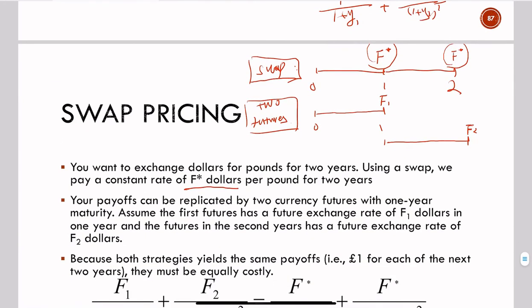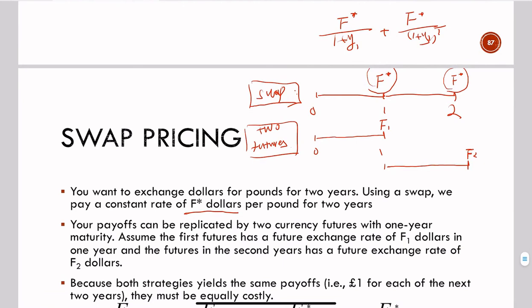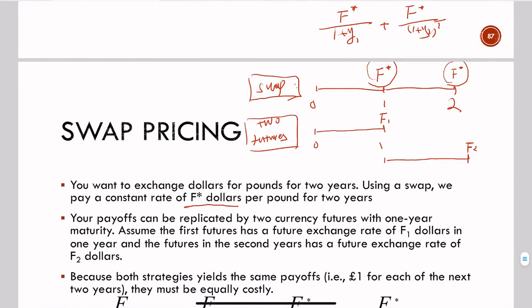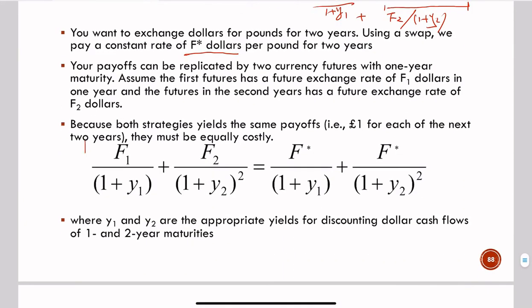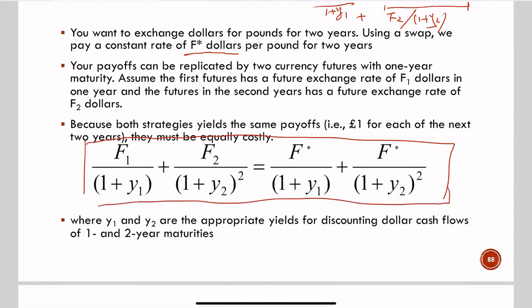Now in this two futures contract case, your total cost would be F1 divided by 1 plus Y1, plus F2 divided by (1 plus Y2) squared, right? So you can see that this equality must be correct. Again, Y1 and Y2 are just discount factors for discounting dollar cash flows at the end of the first year and at the end of the second year, right?